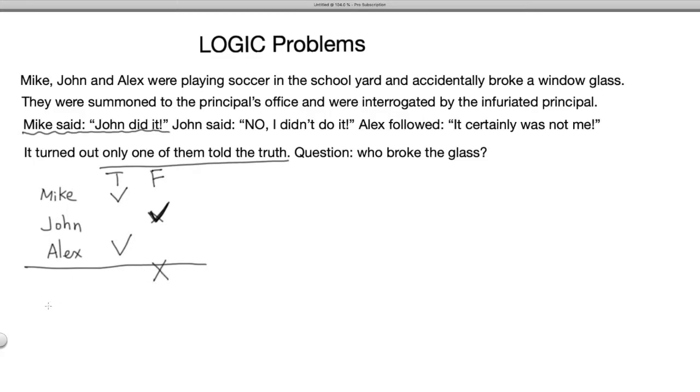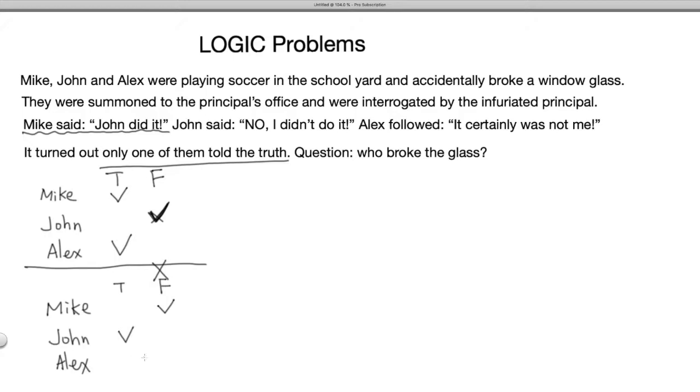So how about the other one? Mike is not telling the truth. So Mike is making a false statement. So John did not do it, which means John's statement, no, I did not do it, is correct. So John is telling the truth.